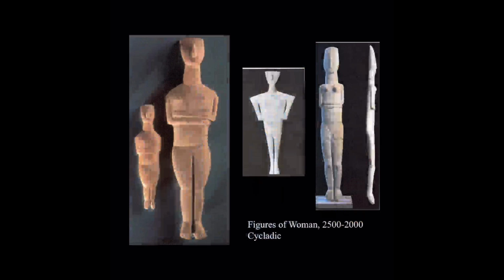We see that they have their arms crossed. Usually these figures are female. We can see the breasts and also the pubic region that is sort of exaggerated there. And so we do believe that most of these were female. If we look at the feet on these, they were not meant to be standing up.